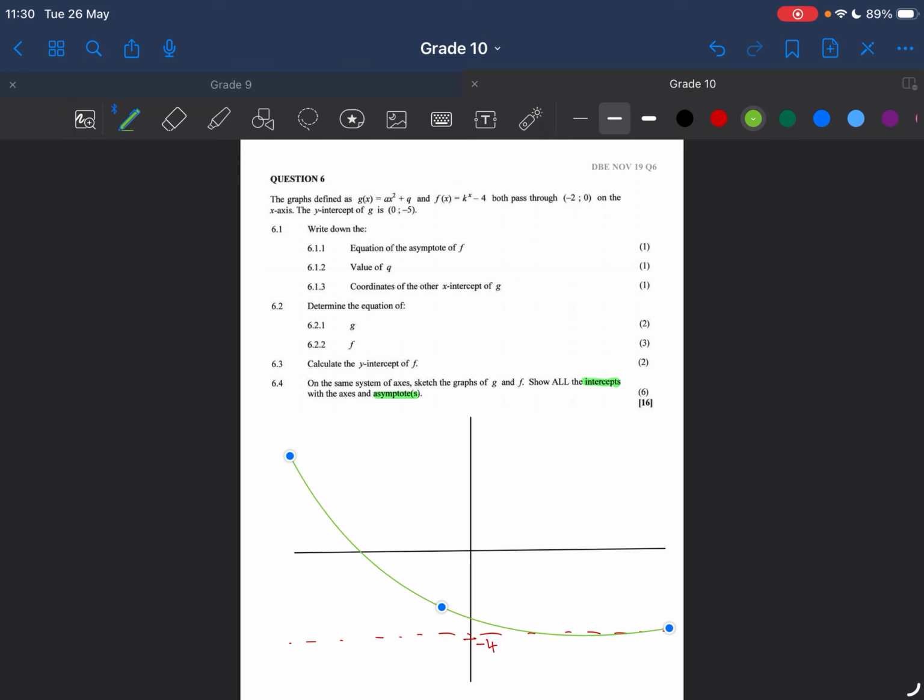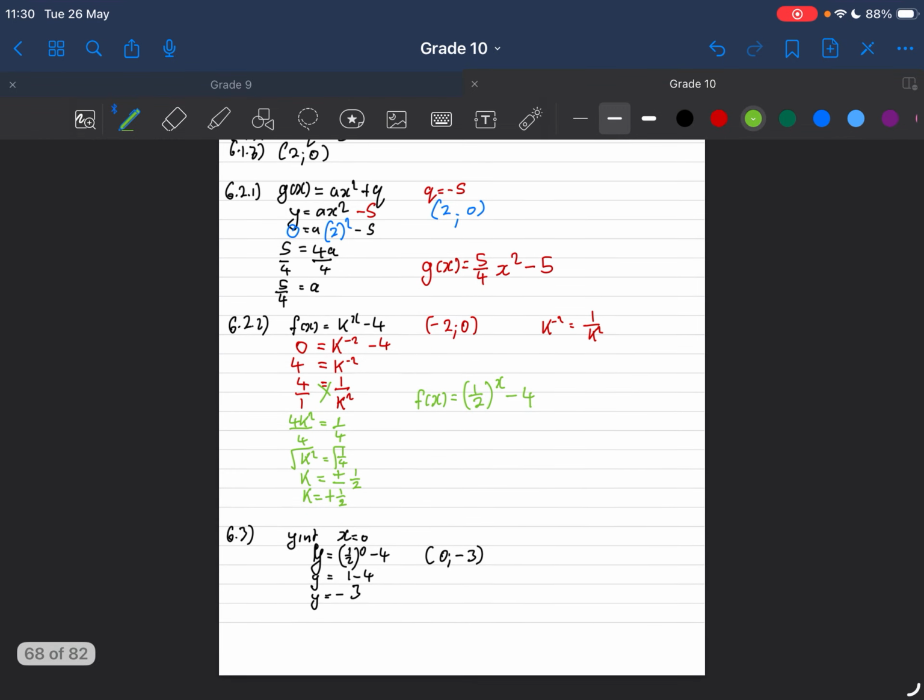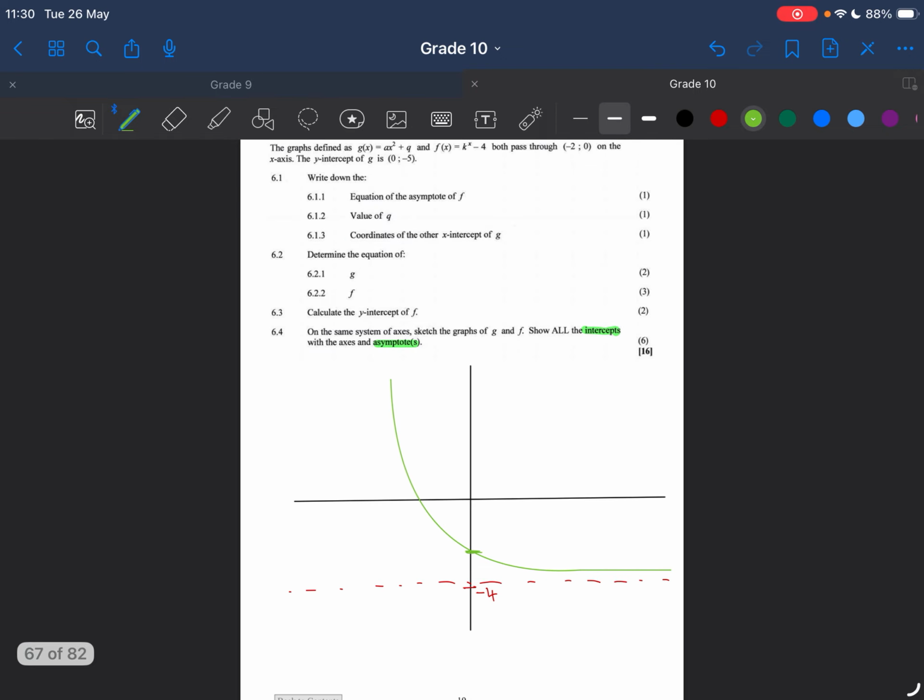Sorry, let me just put this above the asymptote. Maybe something like that. Okay, I'm just going to redraw the whole thing. Maybe if I do that, and then I extend it that way. All right, so something like that, where the y-intercept of that is going to be 0 and -3.